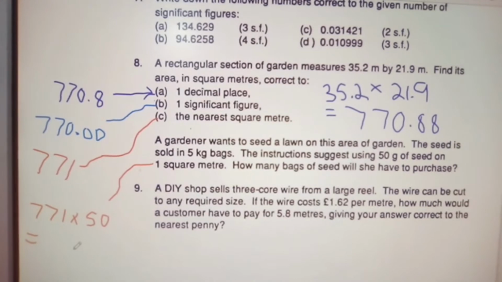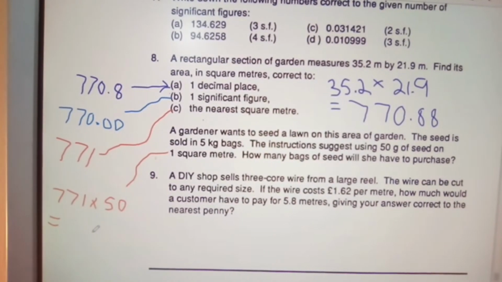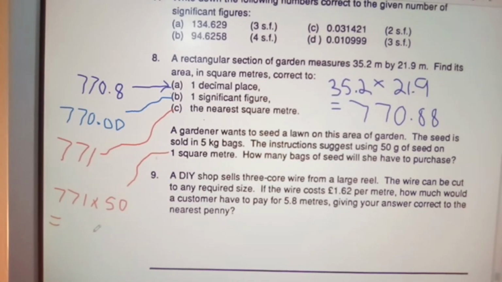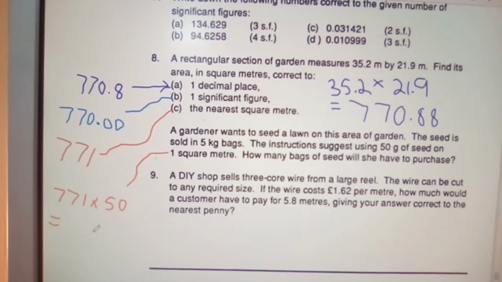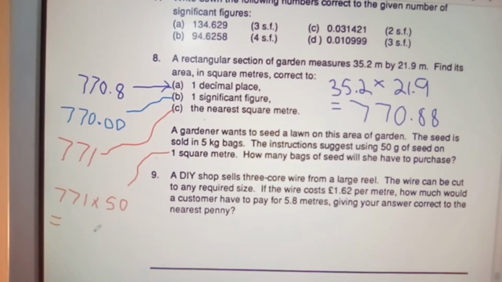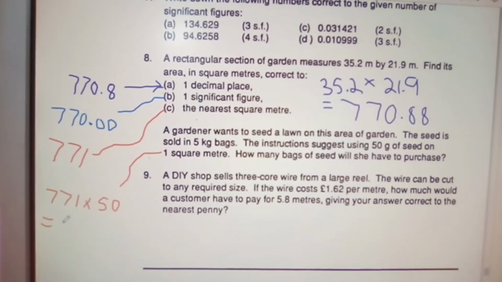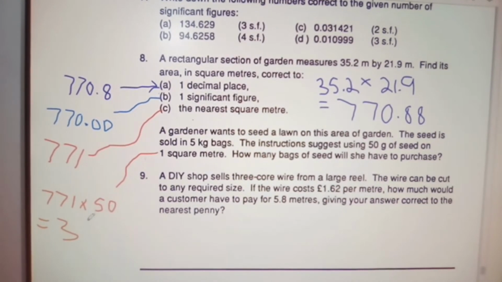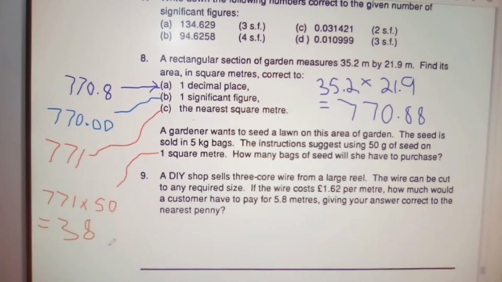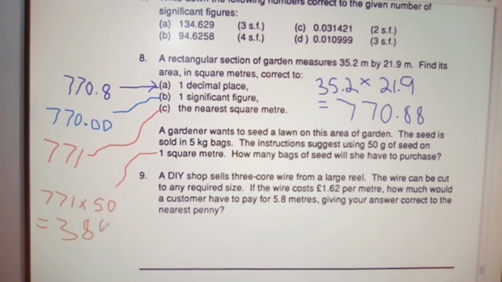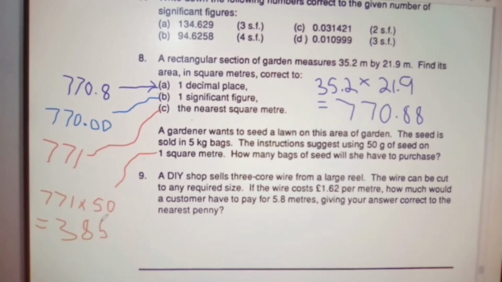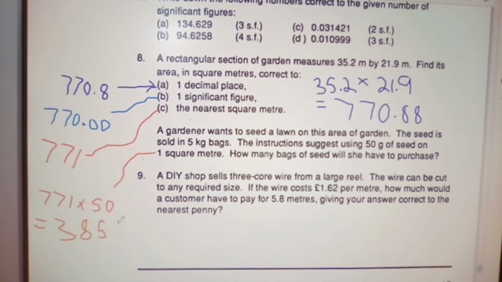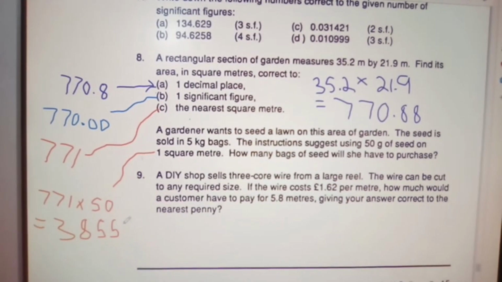Okay, hopefully. Sorry, 771 times 50 equals 38,550.